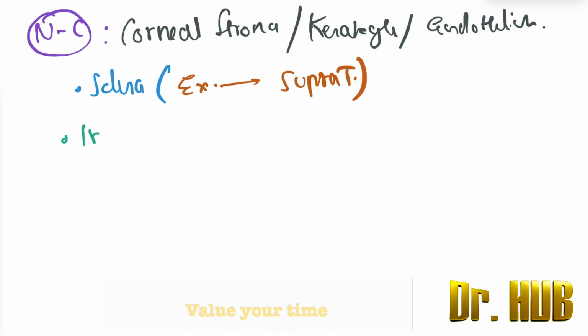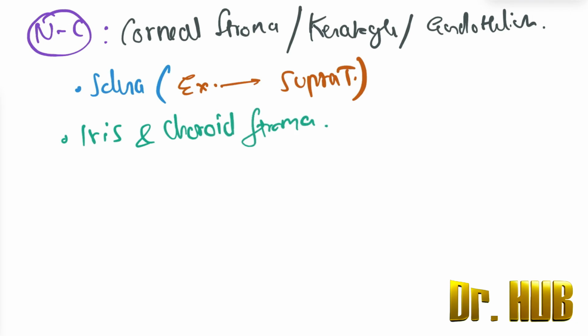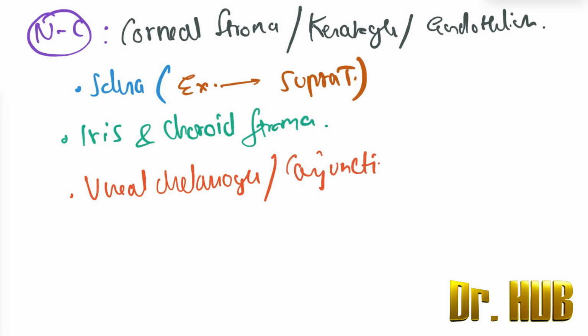Next, there is the iris and the choroid stroma. Next there are the uveal melanocytes as well as the conjunctival melanocytes.